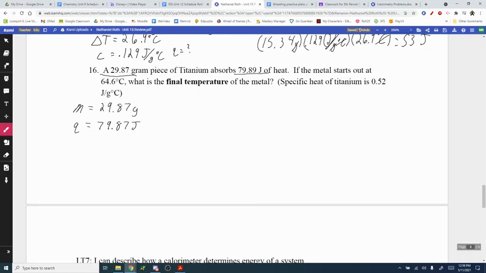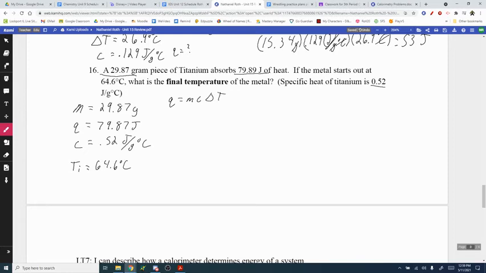So we're looking for final temperature, which means we need to find change in temperature from our equation. Our specific heat is 0.52 joules per gram degrees Celsius. Our initial temperature, so Ti equals 64.6 degrees Celsius.